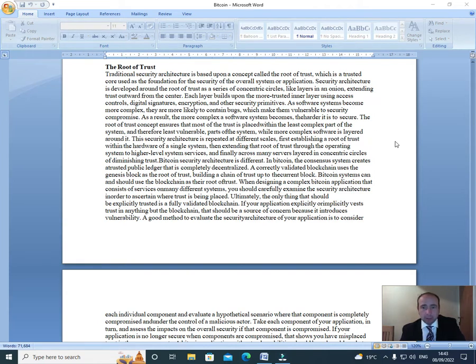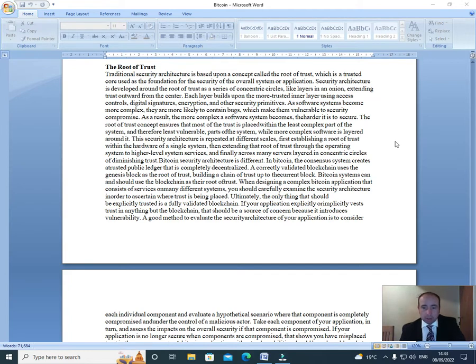As software systems become more complex, they are more likely to contain bugs which make them vulnerable to security compromise. As a result, the more complex a system becomes, the harder it is to secure. The root of trust concept ensures that most of the trust is placed within the least complex part of the system, and therefore the least vulnerable part of the system.